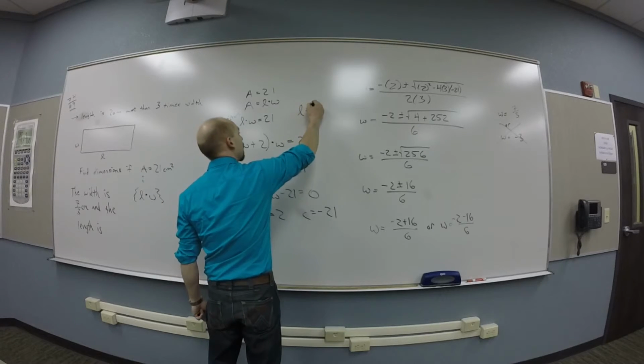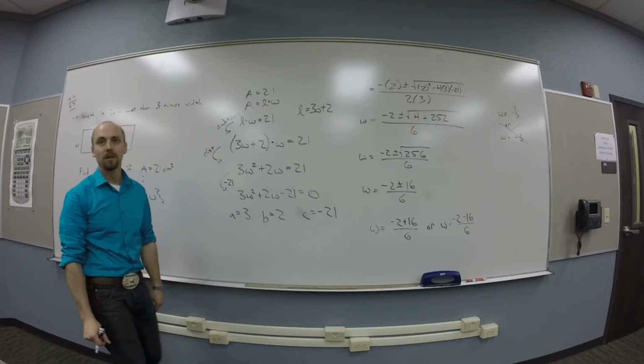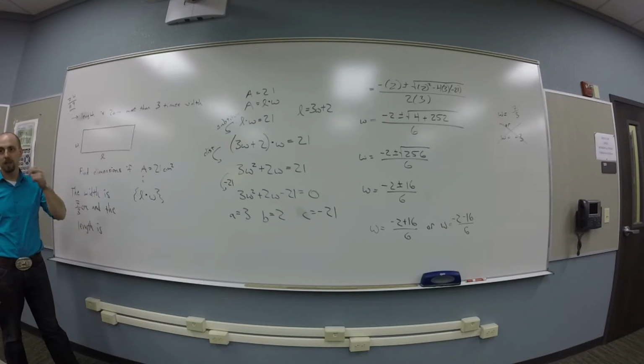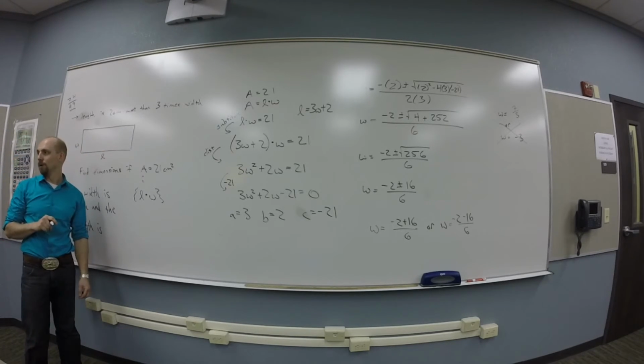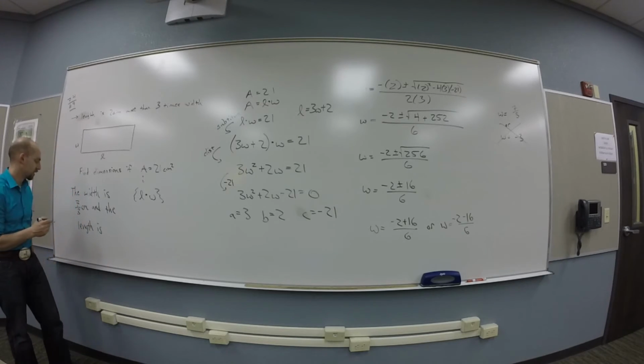Oops. I erased that length was 3 times width plus 2, right? So if the width is 7/3, then the length is, plug your 7/3 into that. So you'll multiply by 3, get 7, plus 2 gives us 9.